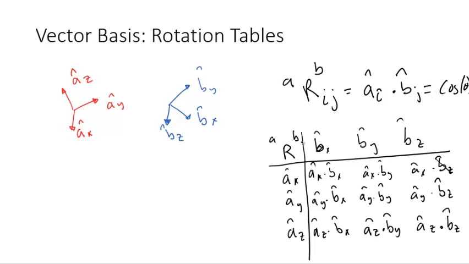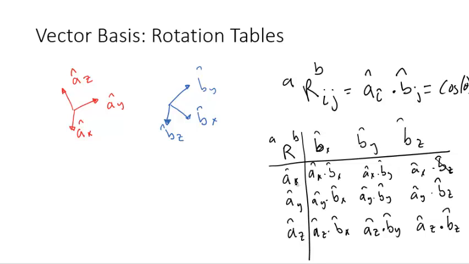Here I have worked out the matrix rotating A to B. Note that the first row, so the I1 and J1, is described by AX and BX. So AX dotted with BX.